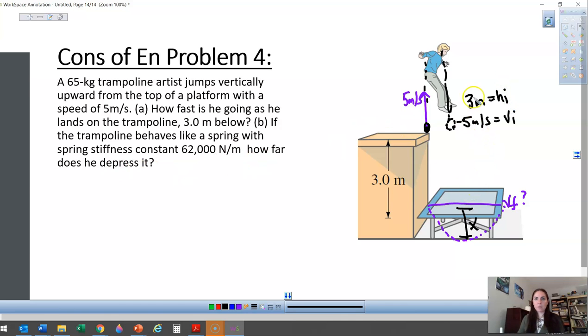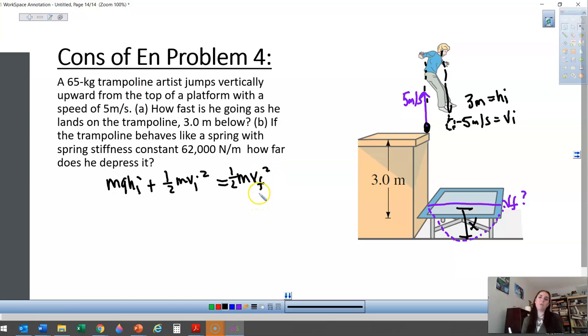So watch the way I model this. Now we're not stretching it yet, so we're not there yet. So notice I didn't do anything with the stretching. So in the beginning, I have gravitational potential energy plus kinetic energy, which is going to equal the final kinetic energy. So that's how I model it.